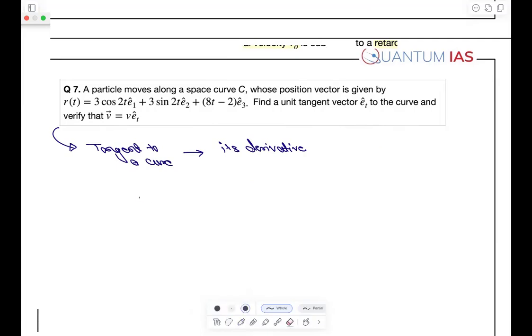So you can write here R is given, R(t) as 3 cos 2t E1 cap.